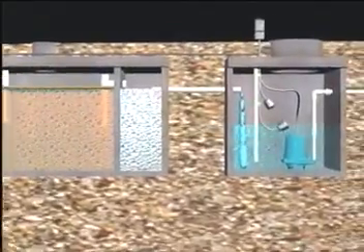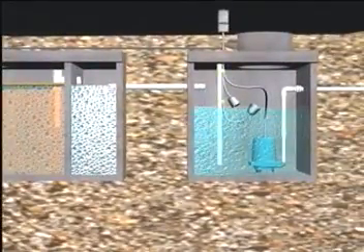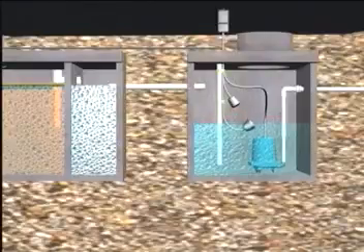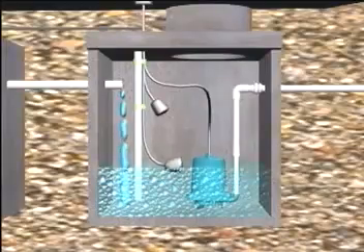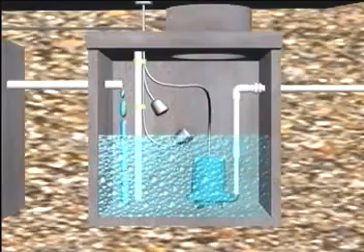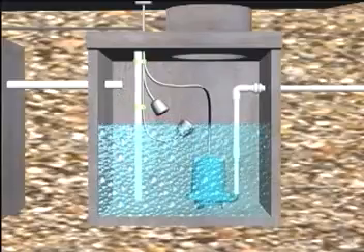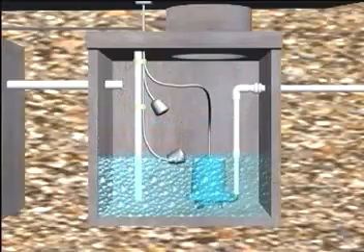Many local codes specify a minimum basin or pump chamber size, ranging all the way from 500 to 1,500 gallons for a residence. Some codes specify a basin or pump chamber capacity twice the expected daily flow, generally accepted as 150 gallons per bedroom per day.